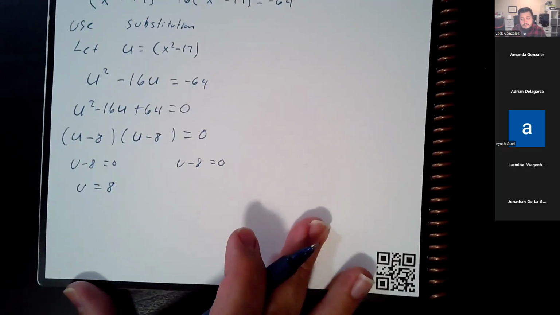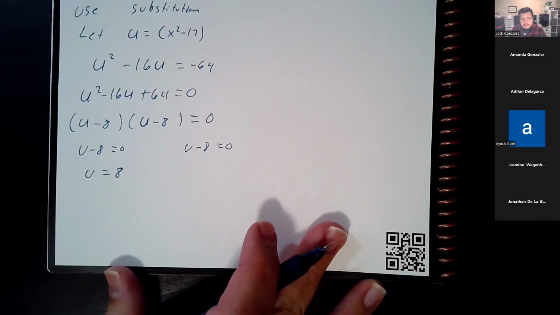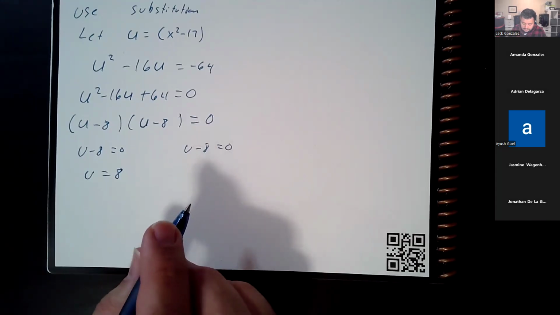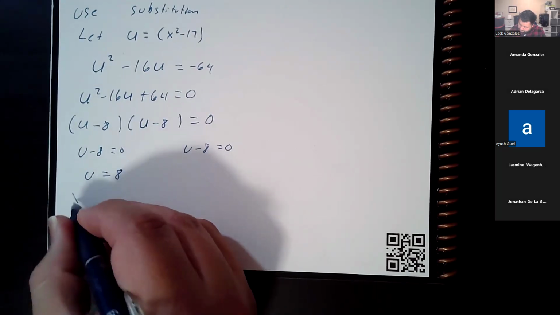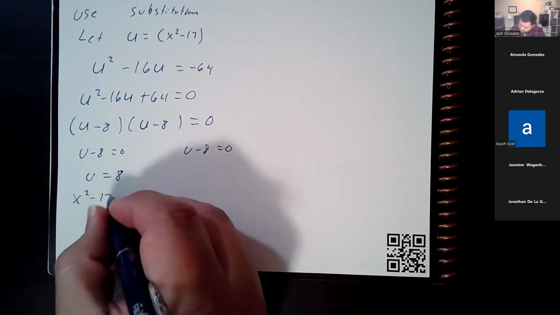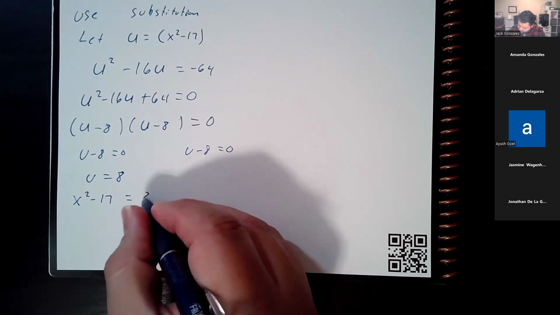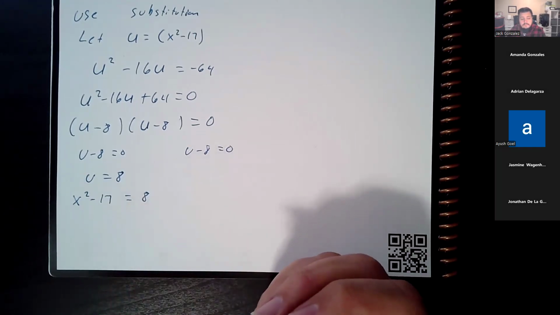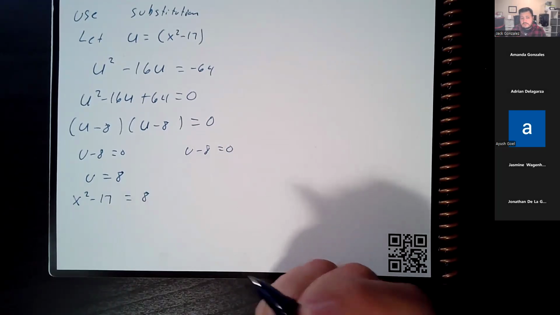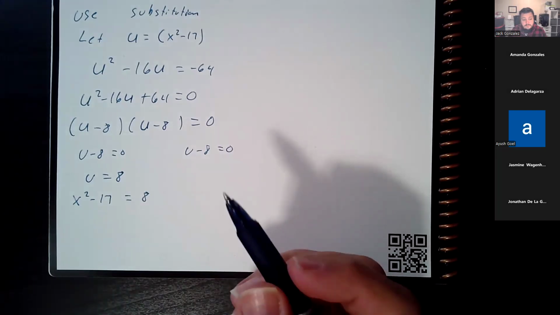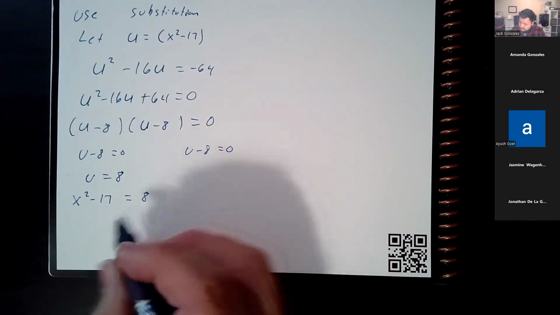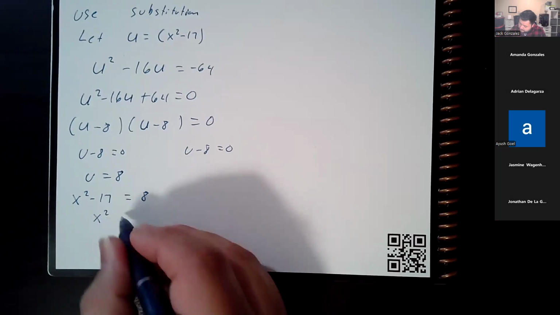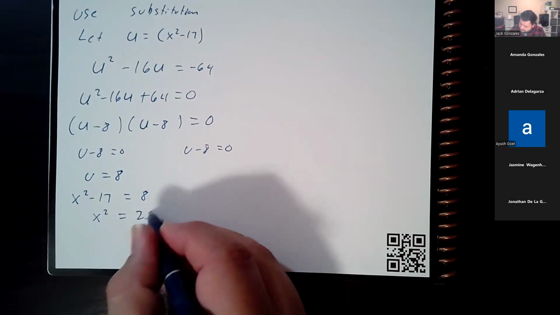So u is equal to 8, but we made up u, so bring this substitution back. Bring what u actually is, because we're trying to solve for x. U was just made up. They call it a dummy variable. So add the 17 over, 8 plus 17, that'll be 25, right?